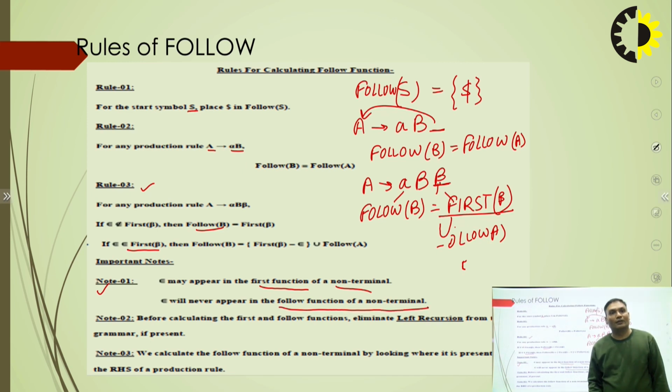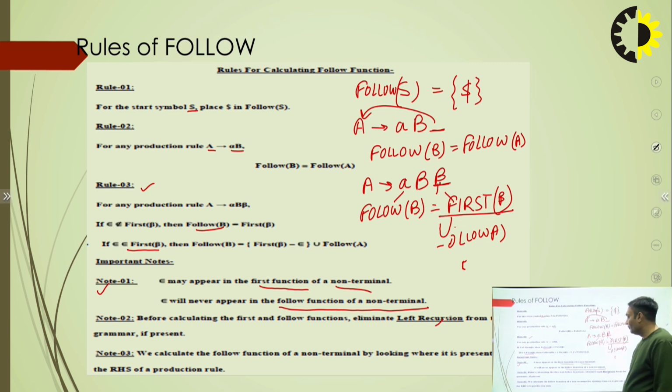So there will be no epsilon in the follow of any prediction rule. And before calculating the first and follow functions, eliminate left recursion from the grammar if it is present. So firstly we need to remove the left recursion, then we will calculate the first and follow.